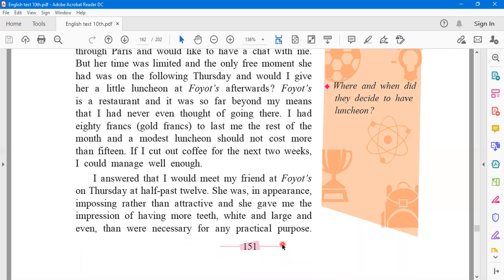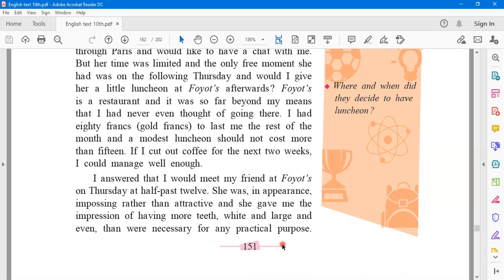She was in appearance imposing rather than attractive. Imposing, grand, impressive in appearance rather than attractive, and she gave me the impression of having more teeth, white and large and even, than were necessary for any practical purpose.